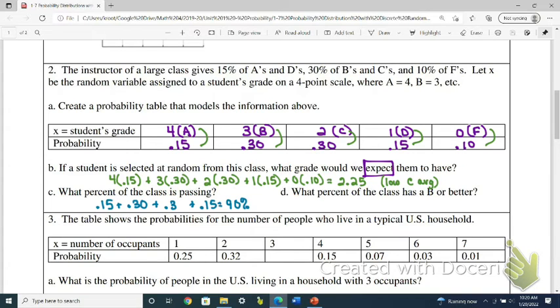D, what percent of the class has a B or better? So B or better would be the A's and the B's. So that is 45%. Finally, let's take a look at C, or number 3.